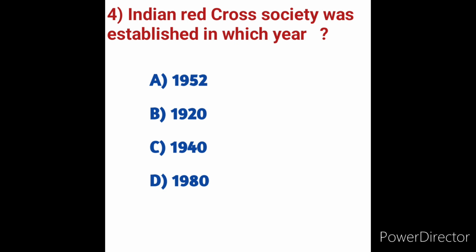The Indian Red Cross is a voluntary humanitarian organization having a network of over 700 branches throughout the country, providing relief in times of disaster or emergencies and promoting health and care of vulnerable people and communities.